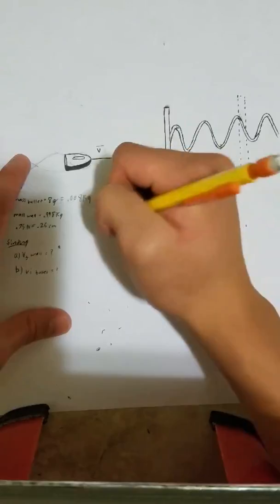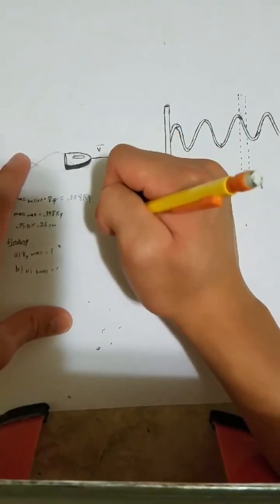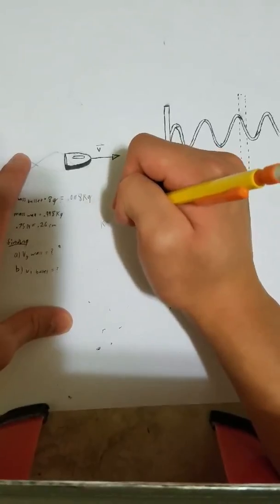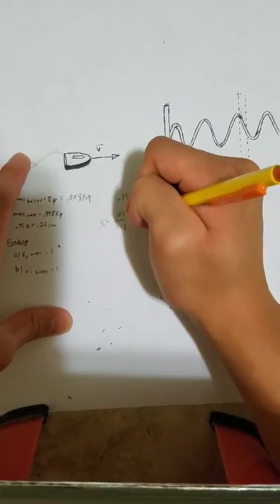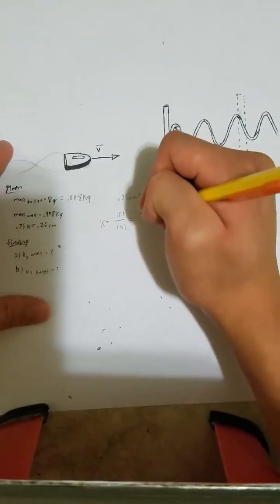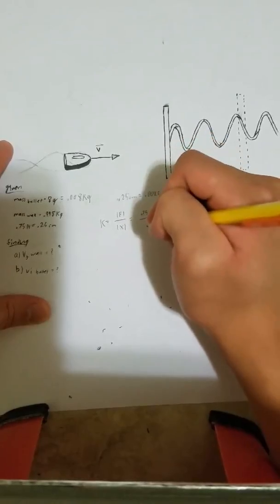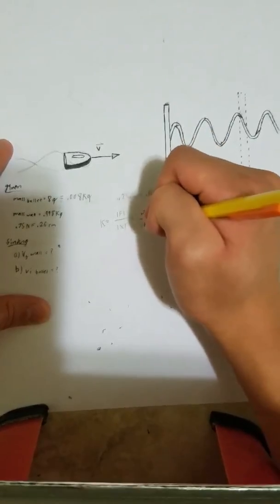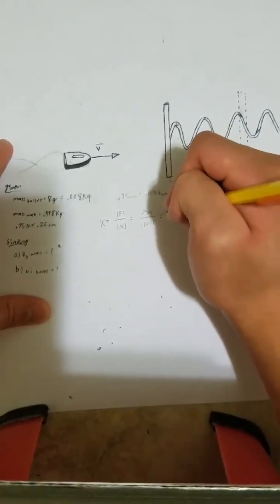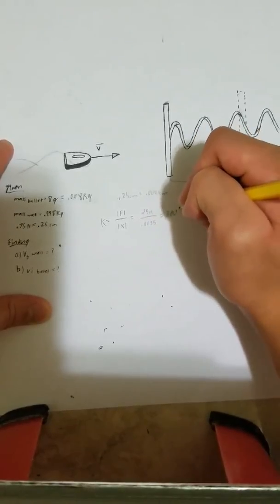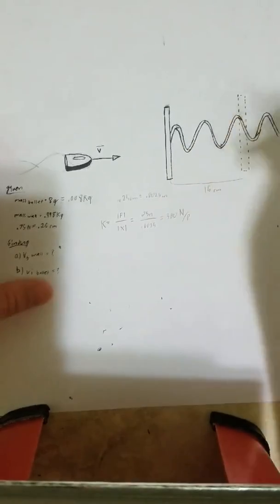Okay, then we plug into the spring force constant equation, which is k equals the absolute value of F over the absolute value of x, where F is the 0.75 newtons and x is 0.0025, which would give us 300 newtons per meter as the constant.